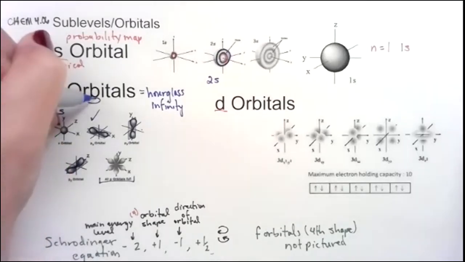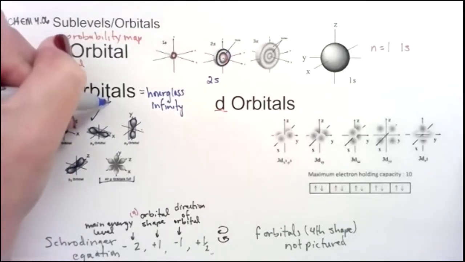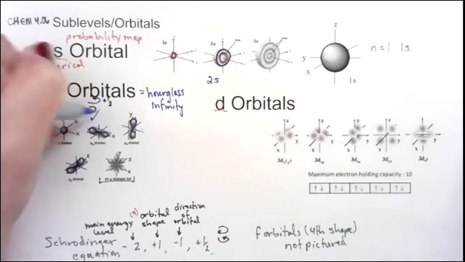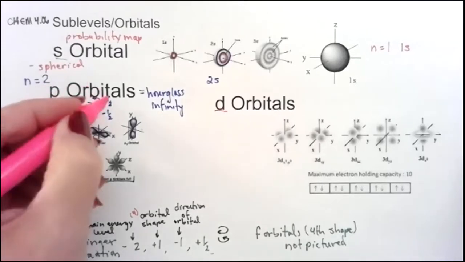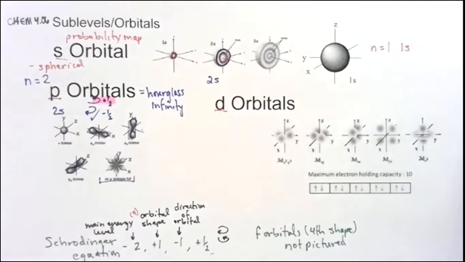One's going to spin this way for +1/2, and one's going to spin this way for -1/2. So I would be talking about 2, 1, -1, 1/2, which is this electron right there. So that's how these numbers correlate to a specific electron.